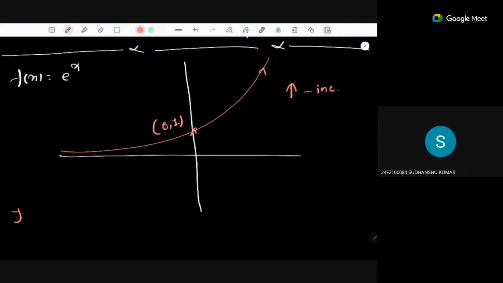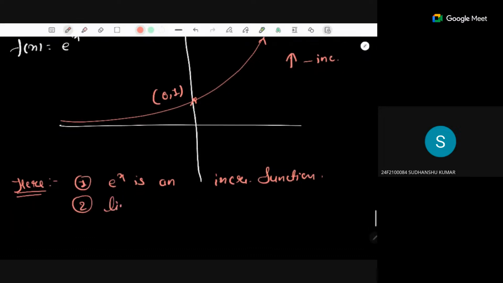So here we have some properties. The first property is that e to the power x is an increasing function. Second, we have the limits. The limit as x goes to infinity of e to the power x is infinity, because we can observe from the graph that as x goes toward infinity, the graph also goes towards infinity.